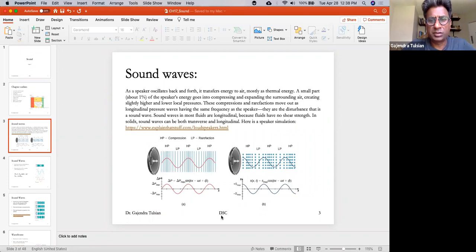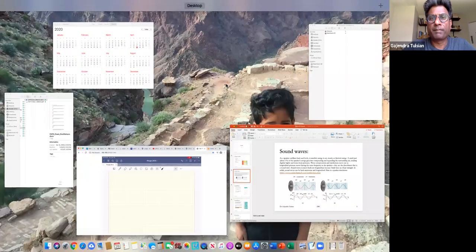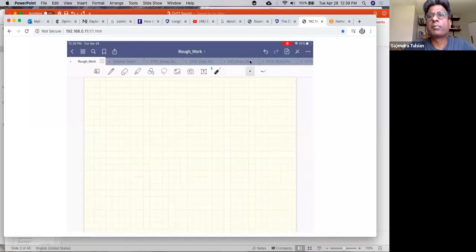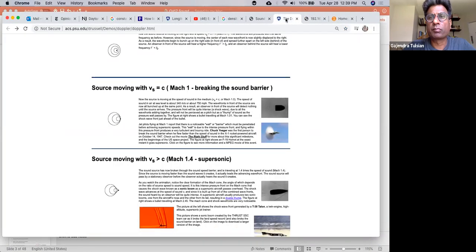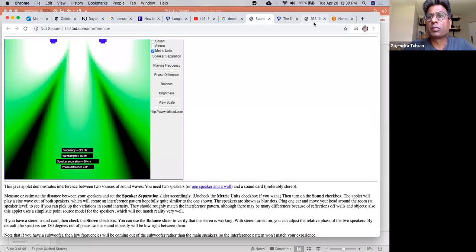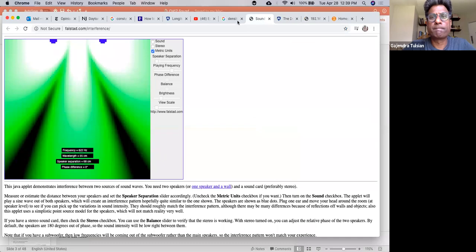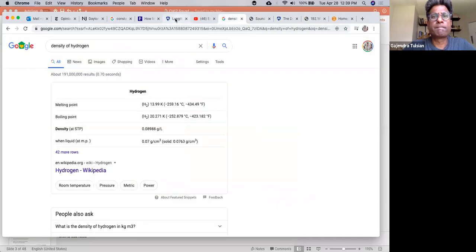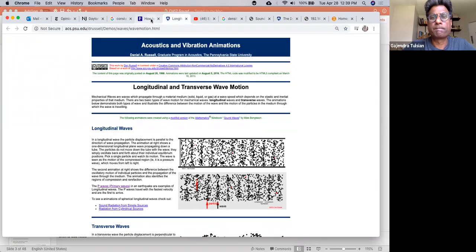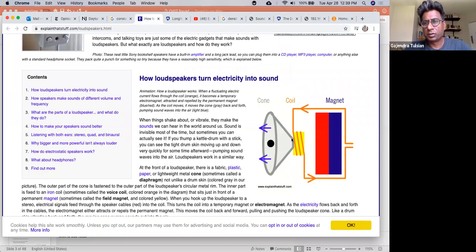So let me show you a speaker first, how sound waves are produced. Okay, let's see. There you go. Here's a model of a speaker.